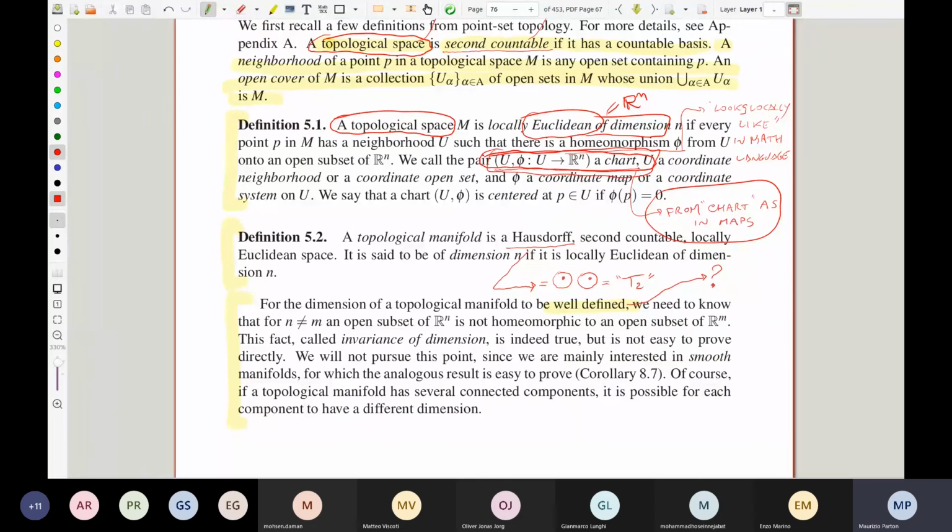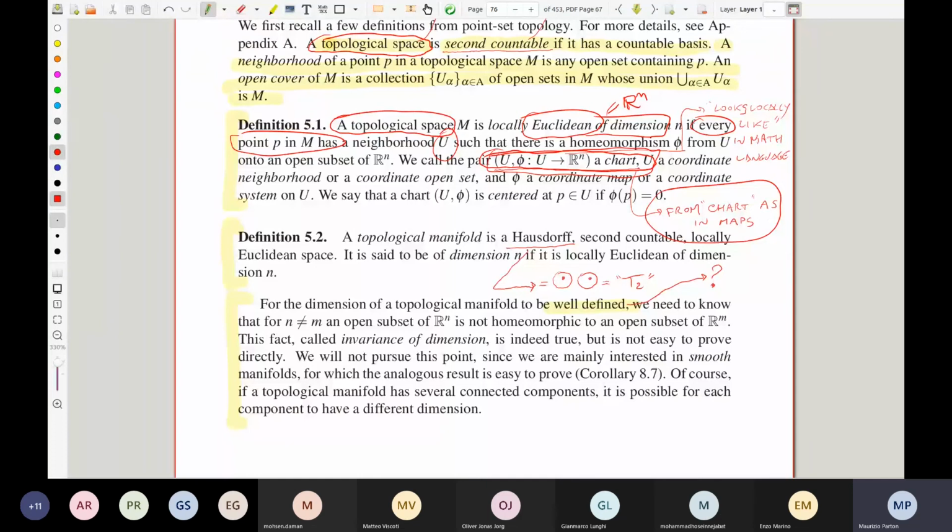The map is not bijective. Every point in M has a neighborhood U. For every point, you can find a chart. Of course, it's not unique. And of course, this is the difference from Rn.